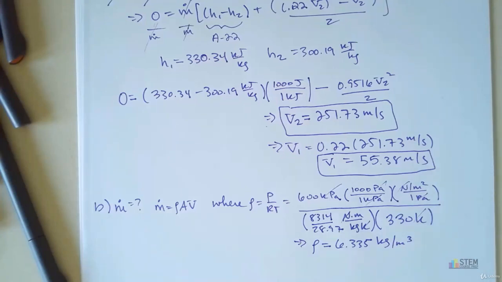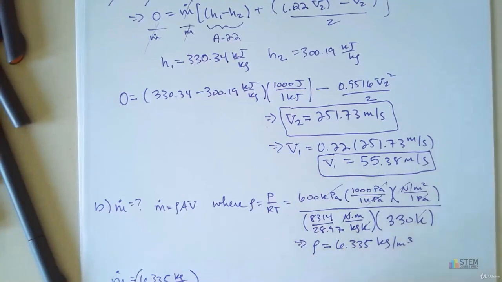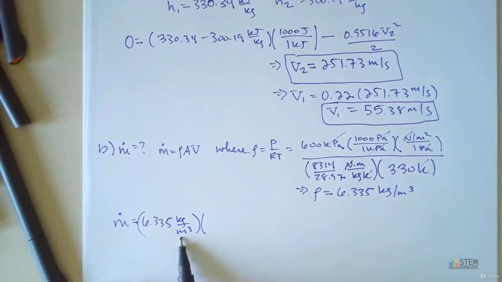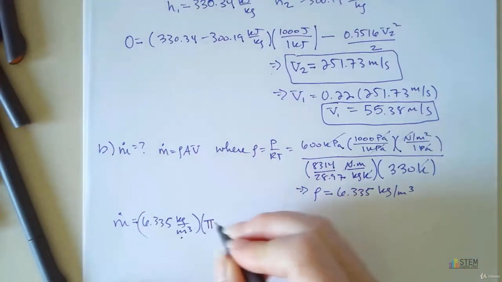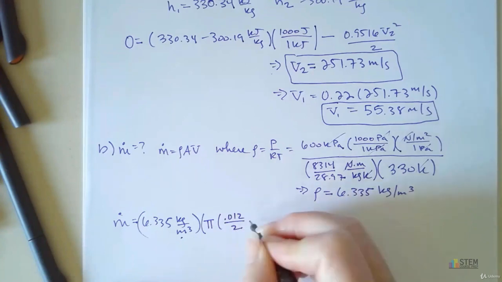All right, perfect. Now that we have this, we can plug it into this equation. So m dot is going to be 6.335 kilogram per cubic meter. We're going to multiply that by area. We have the diameter. And the diameter was given in centimeters. We need to convert that over to meters because we have meters right here. So after you do the conversion, when you find the area, you're going to get pi times 0.012 divided by 2.